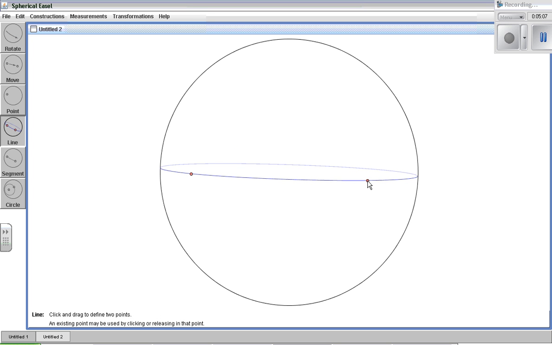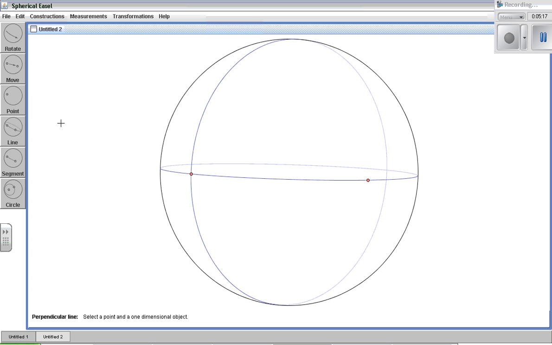Another thing we can talk about, let's draw another line and a perpendicular line. And let's do another perpendicular line through this point.